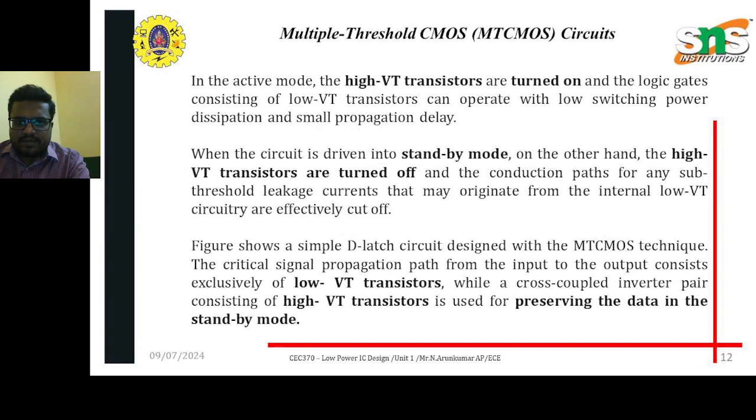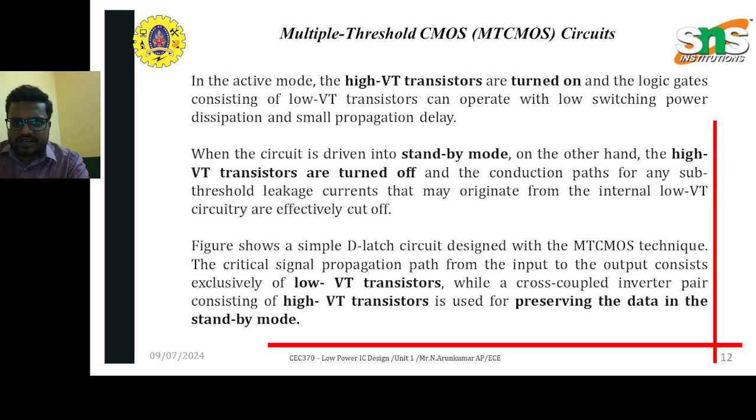In the standby mode, the circuit is connected as shown, with the voltage coming from the input shown in standby mode. And next one is high VT transistors are turned off, because whenever we are using a multiple threshold CMOS, we need to check the threshold voltage as well as the condition of the transistor, because we restrict the high level voltage transistors to off conditions.